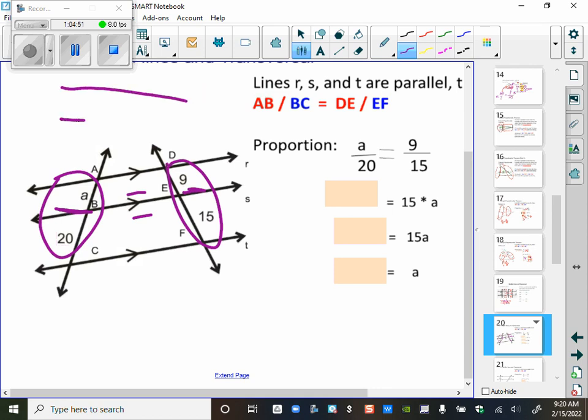And even if it went like this, it's 20, 8, 18, and a 9, you're still going to get the same thing.